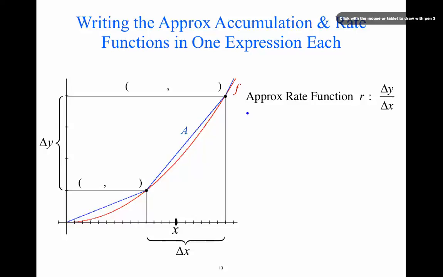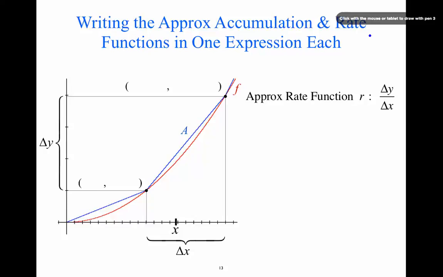This is any delta x, it could be any interval, any moment. It could be the second moment, the 8th moment, the 20th moment. How do we express those ordered pairs? The ordered pair at the beginning of the current moment and the end of the current moment. Can we do it?